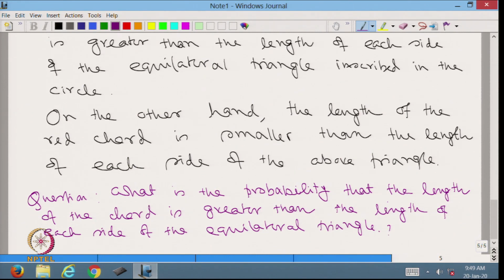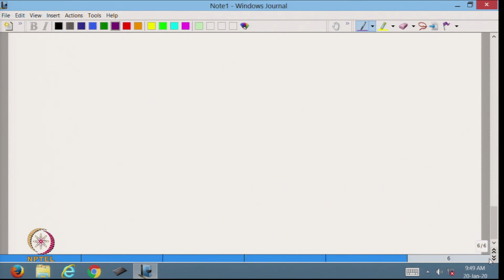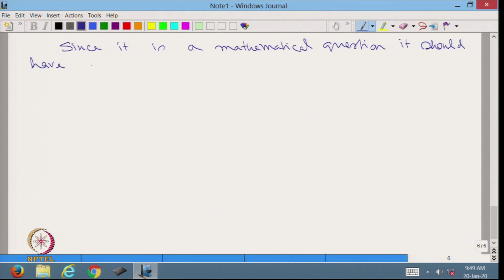That is the question. Since it is a mathematical question, it should have only one answer.